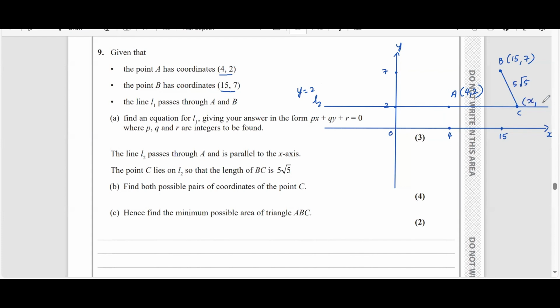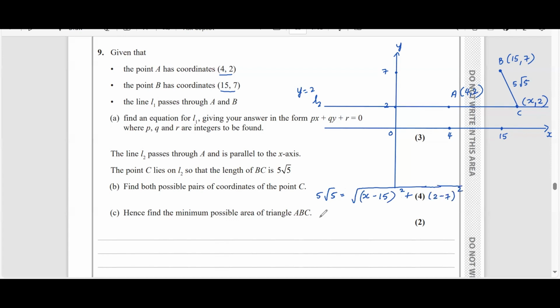I'm going to use the distance formula here. 5 root 5 equals the root of (x minus 15) the whole square, plus (2 minus 7) the whole square.